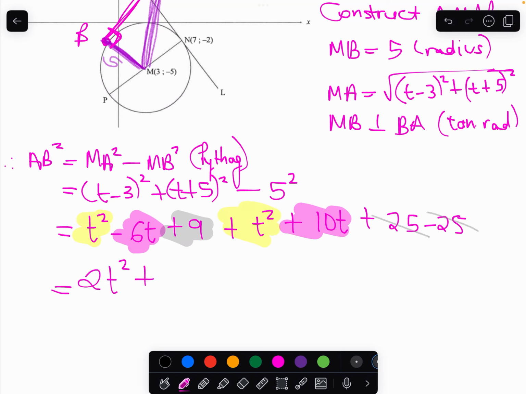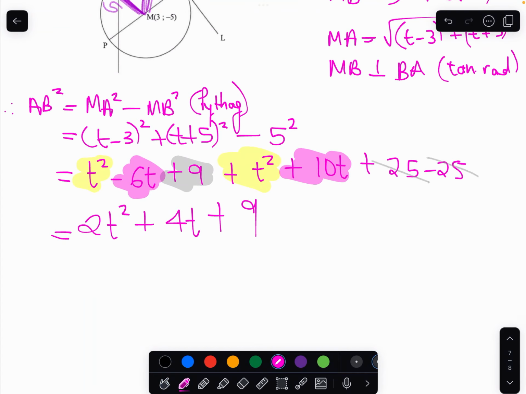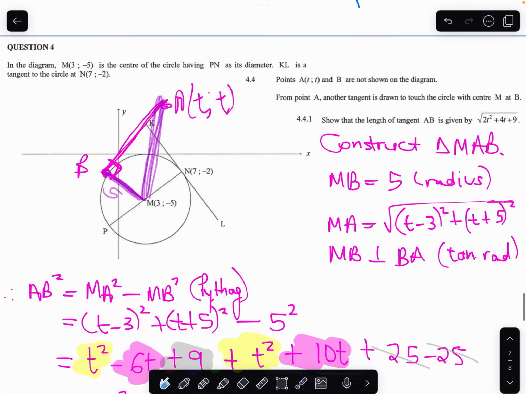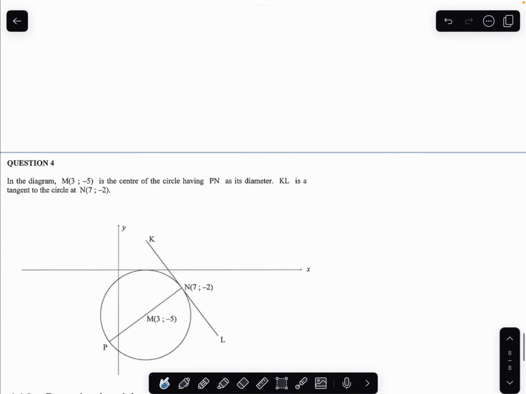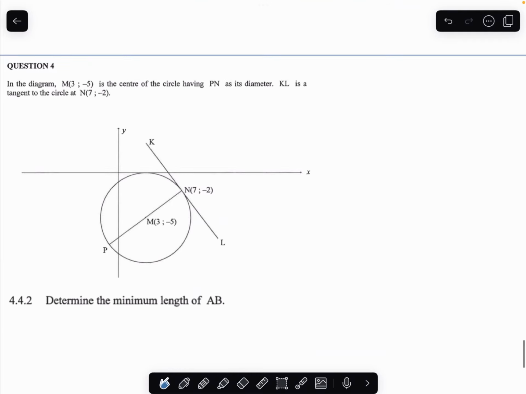Right, that looks good. Then AB, because AB is a length, just has to be the positive square root. We don't have to think about the negative square root in this case, which is what we were aiming for.